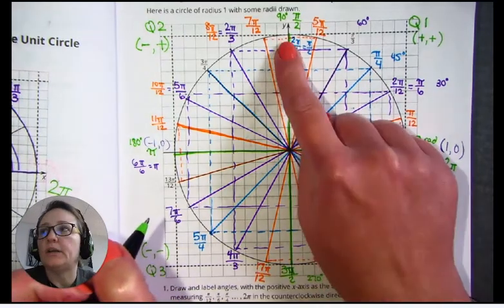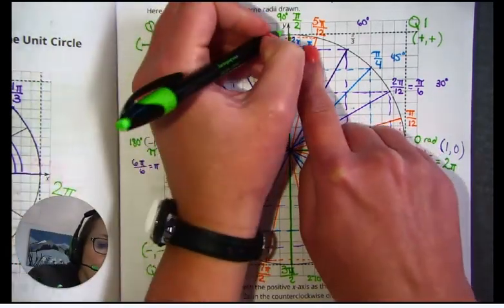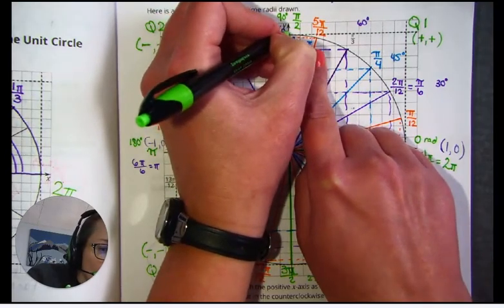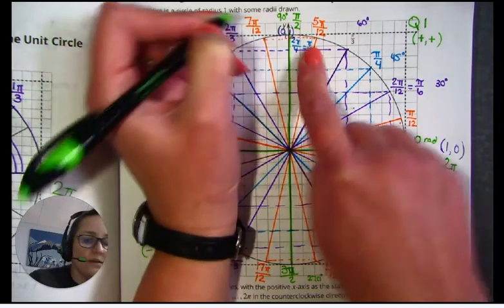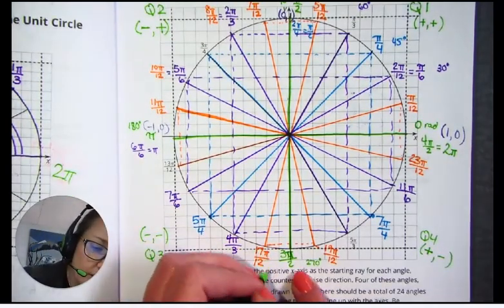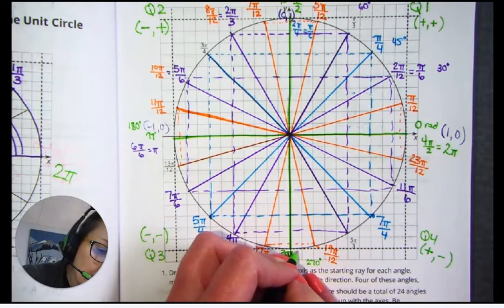We know straight up at 90 degrees, it is 0 because our x's are not moving, and a positive 1. And straight down at 3 pi over 2, or 270 degrees, we're looking at a 0, negative 1.